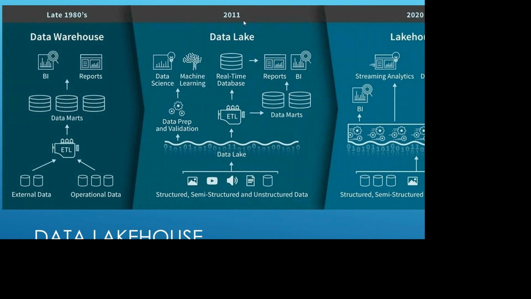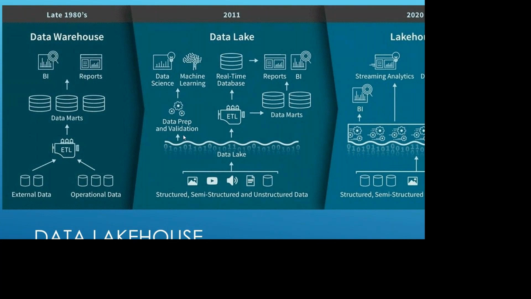And coming to 2011, the data lake came into the picture. So here also we use OLTP systems from the external data sources, but here the data is in different formats like structured, semi-structured, and unstructured data, such as images, video streaming, audio, documents, and transactional databases also.